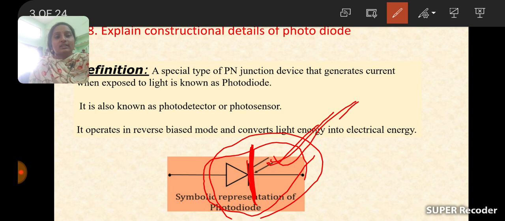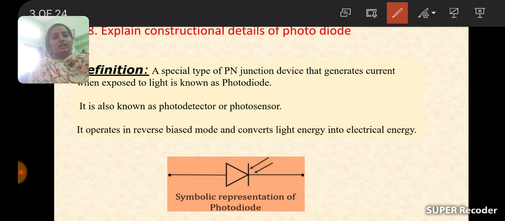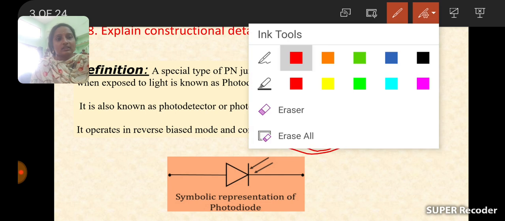So when this light energy falls on the junction, the flow of electrons and holes must be increased. The current must occur. So that will indicate what? Here the amount of light energy is converted into electrical energy. Is it clear?